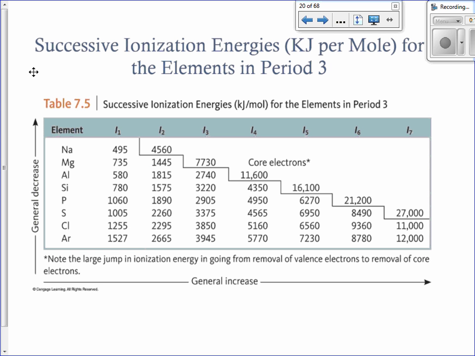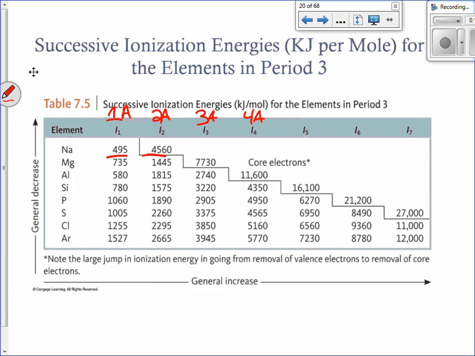So this table is in your book, but I have seen this table inserted into multiple choice questions. As you can see here, this is group 1A, this would be group 2A, and so forth, 3A, 4A, and so forth. 1A only wants to lose 1, so when you get to that second removal, you're removing a core electron, and that's where the jump goes from 495 to 4,560.